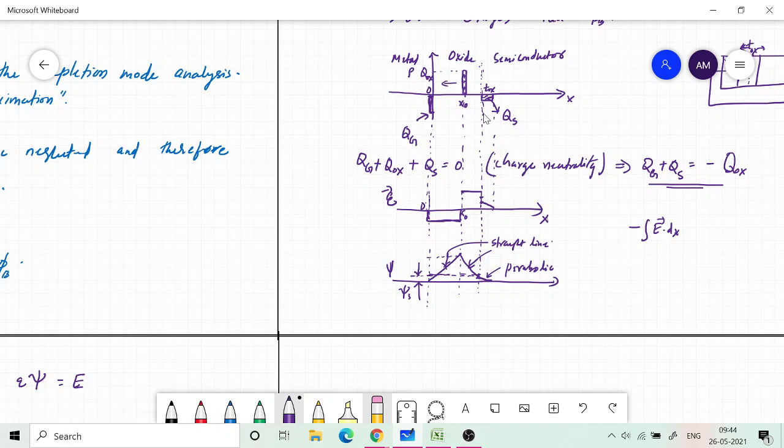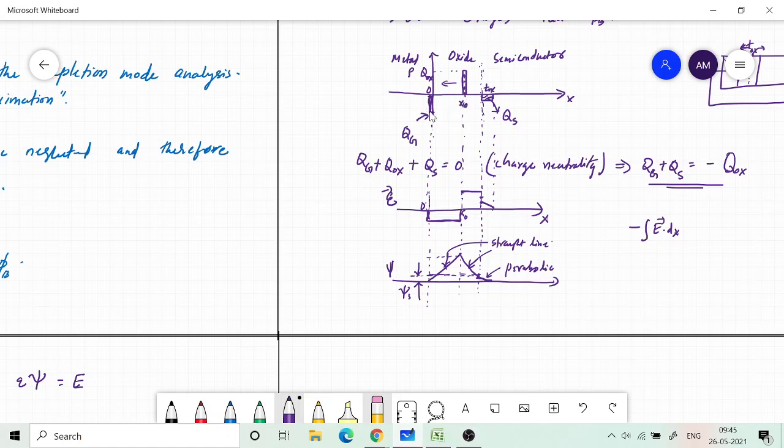So the only way to remove it with the charge neutrality satisfied is to increase the negative charge in the gate. Now to increase the negative charge in the gate, we need to apply a negative voltage to the gate, right? When you supply the negative terminal of the battery, that will bring in the negative charge in the gate, and we need to increase it further from the present amount of charge, so that all electric field is between 0 and x0 from right to left.